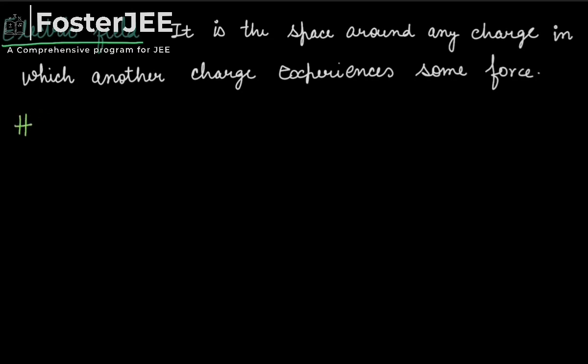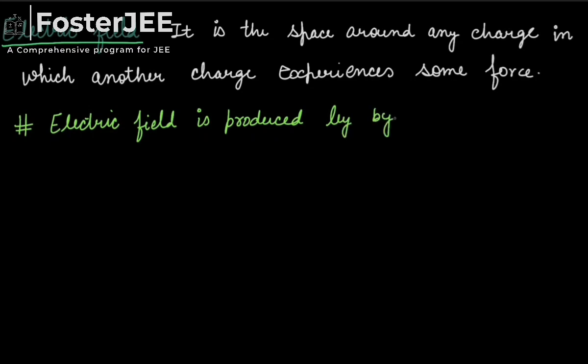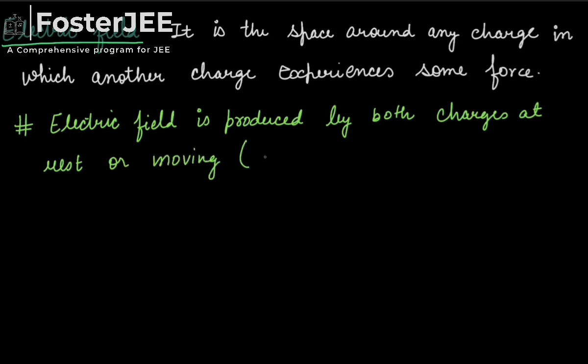And also, as we have discussed in the last lecture, the electric field is produced by both charges at rest or moving charges, moving either with constant velocity or variable velocity.